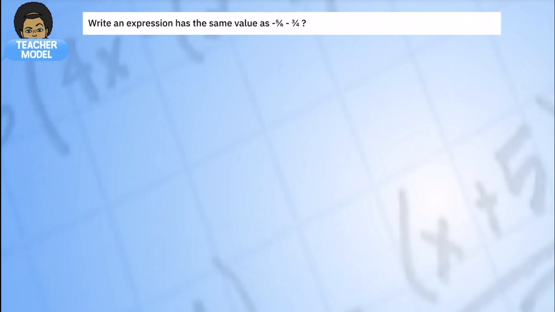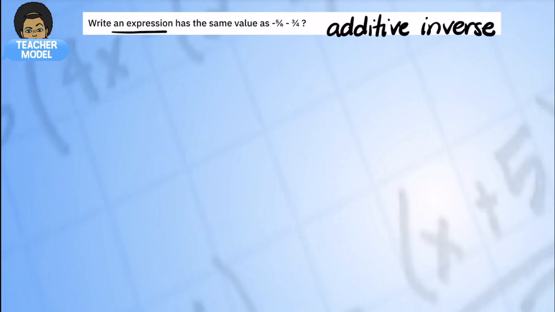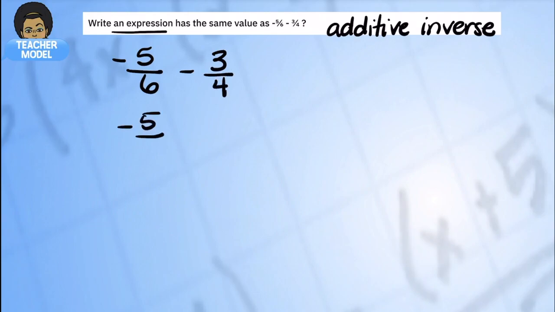So another way I can rewrite this, since this is subtraction, is with additive inverse. So here's my original one, -5/6 minus 3/4, and I'm going to keep my first number the same.